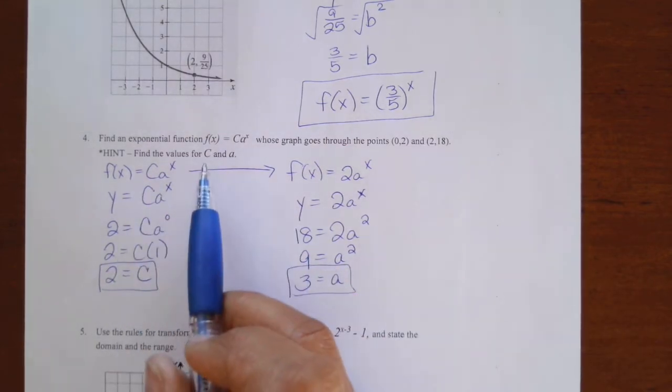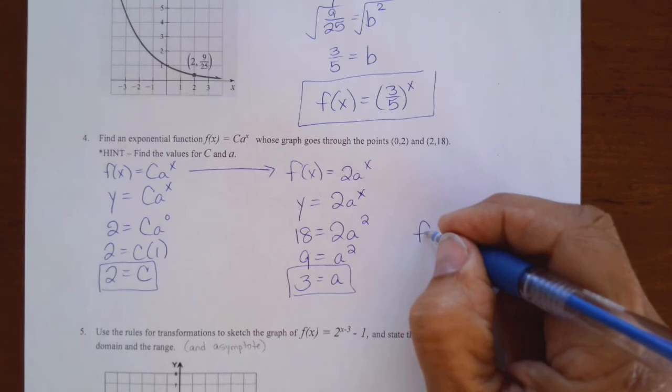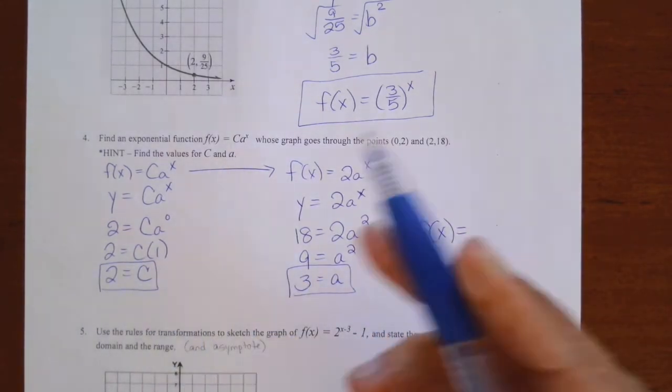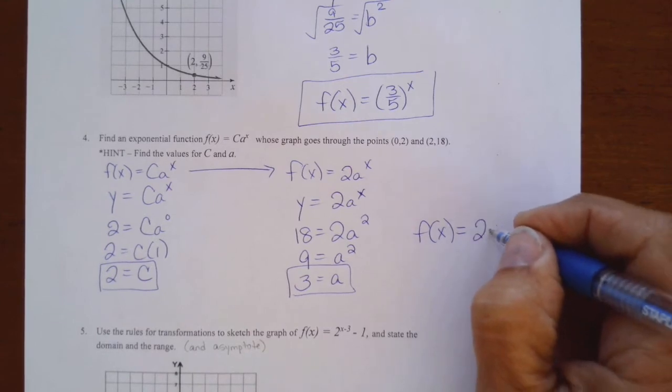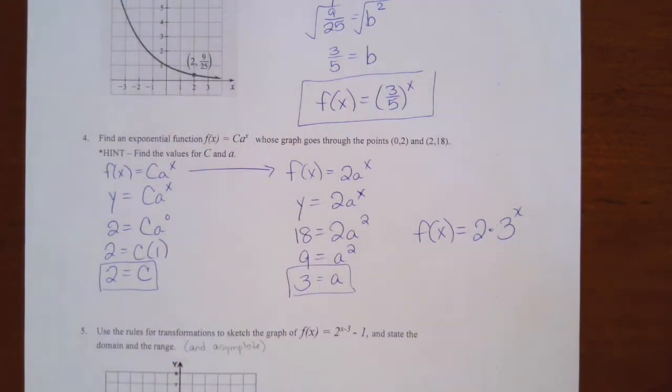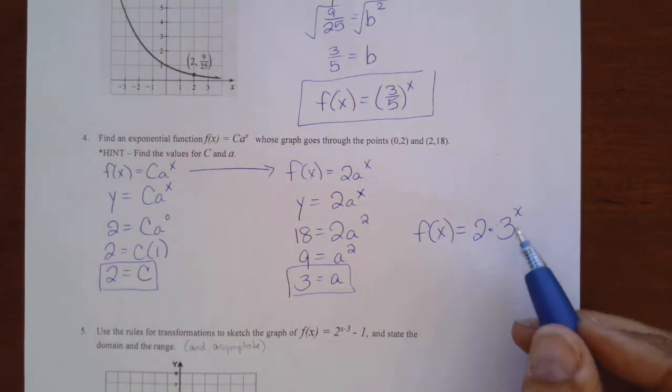All right, but we're supposed to write the exponential function. So the exponential function is c, which is 2, times a, which is 3 to the x power. Now, remember, order of operations in math, you're not allowed to multiply before you raise to a power.